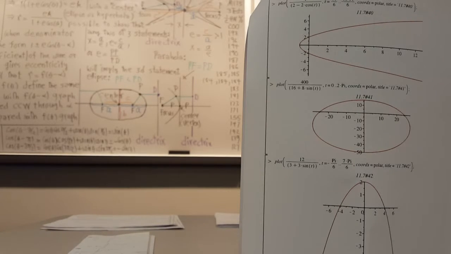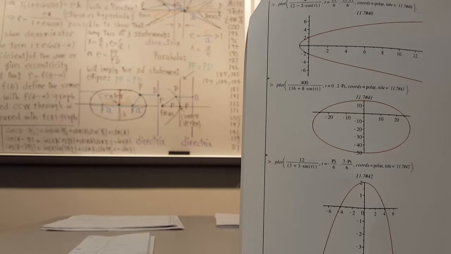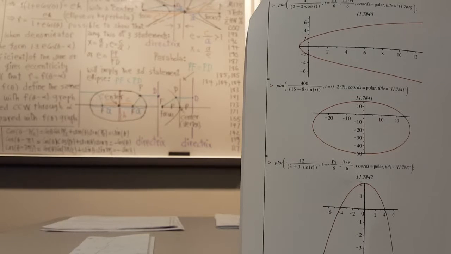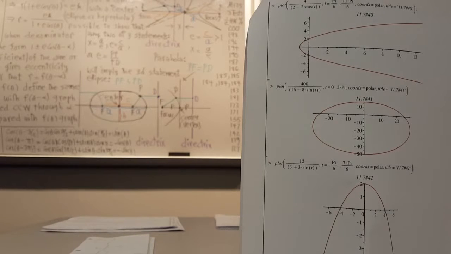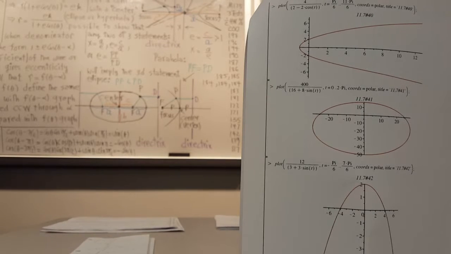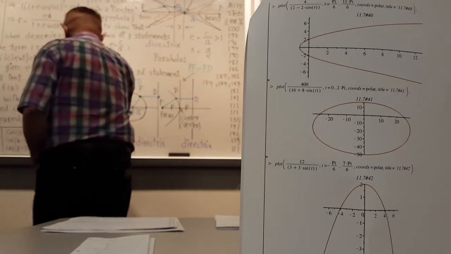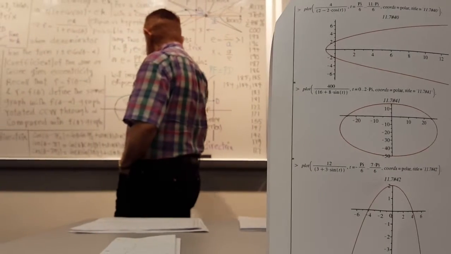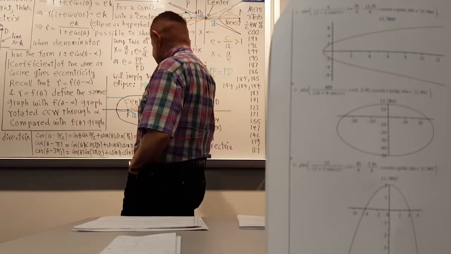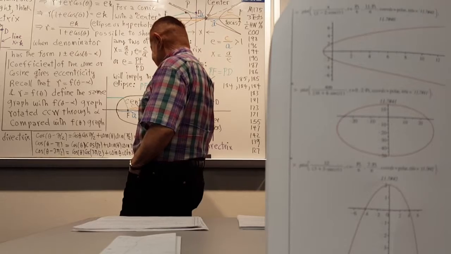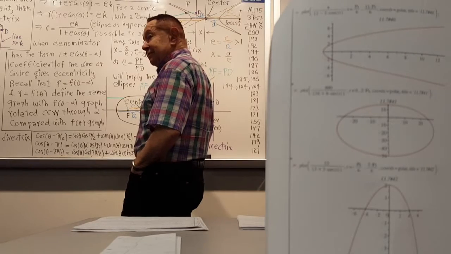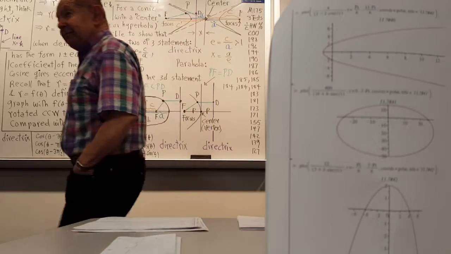then you notice that the formula involves the sine. So this is the form EK over 1 plus E sine of t, which would be what you get if you took the thing as I have it set up here and rotated through 90 degrees, and then you'd have a sine in your formula.